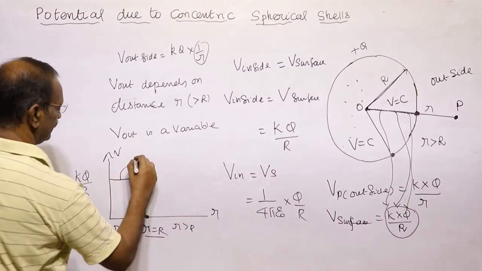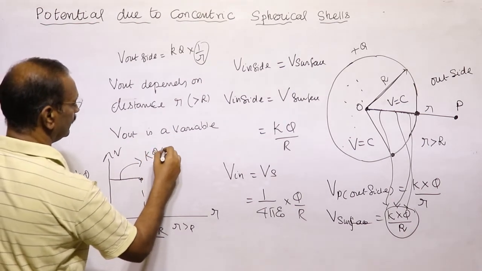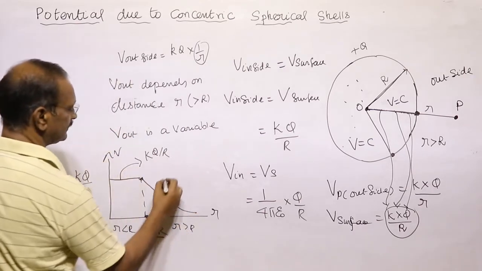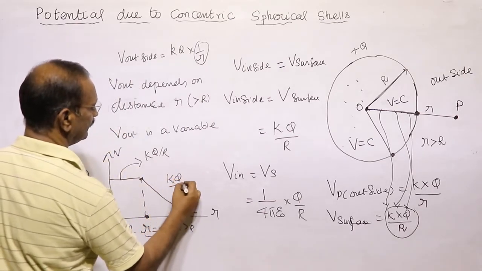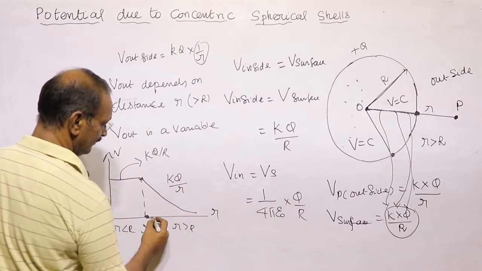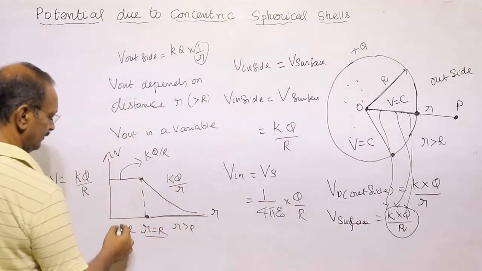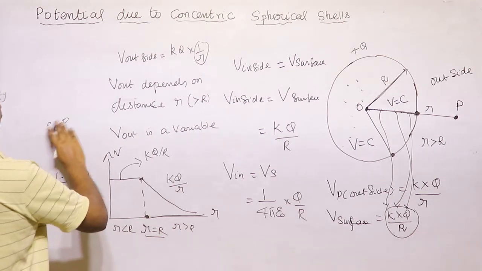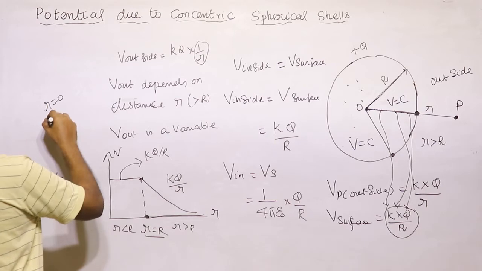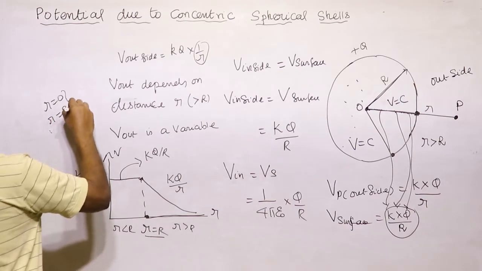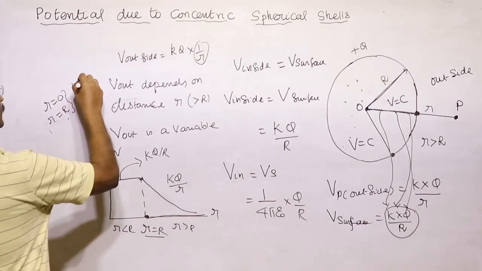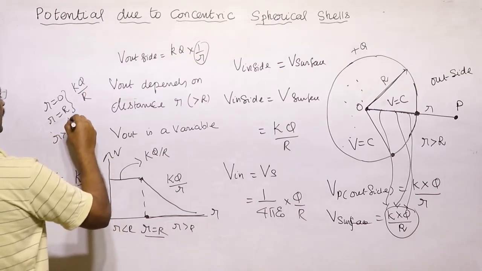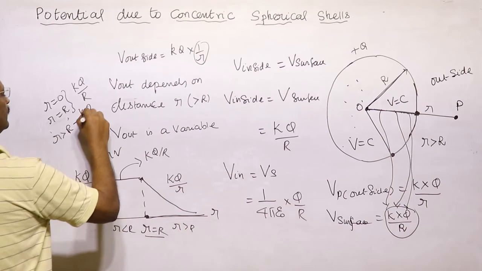So here also KQ by R. Hereafter it varies, that is KQ divided by r, where r varies. It means from r equal to 0 up to r equal to R the potential is KQ by R, and from r greater than R, the potential is KQ divided by r.